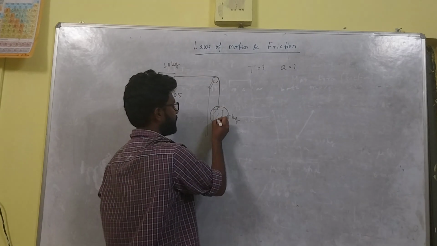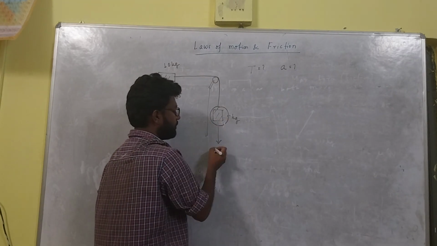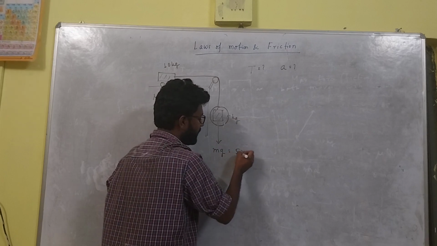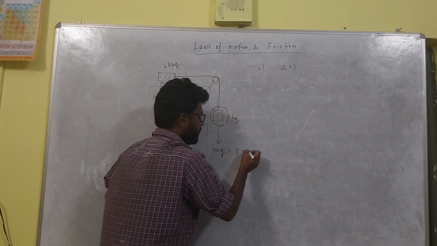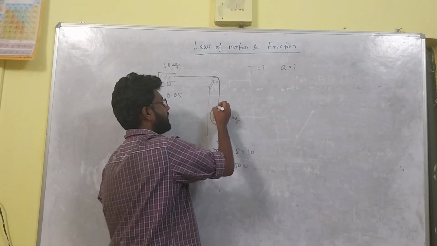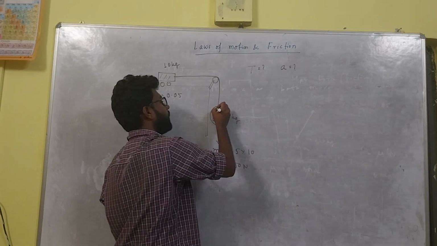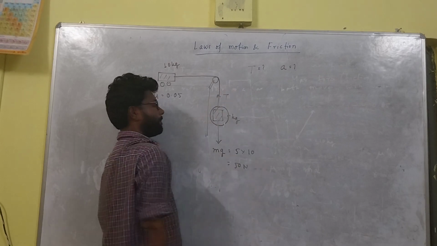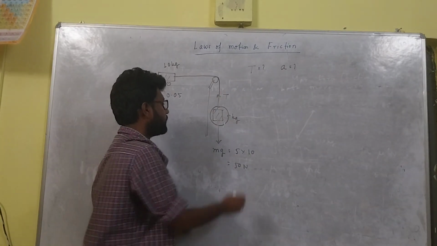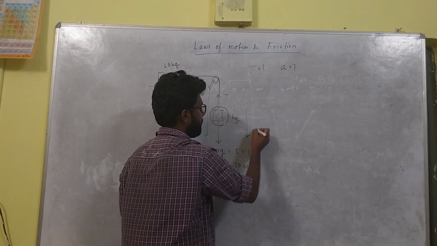It's a gravitational force mg, that means the mass of the block 5 and g 10, so ultimately 50 newtons. And the string pulls the block with the tension T. And just imagine the block falls down with an acceleration a.